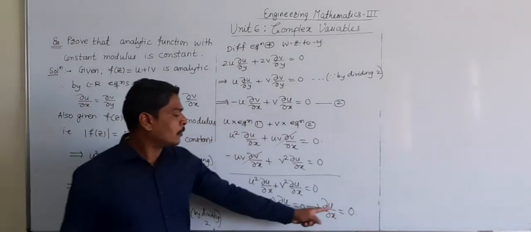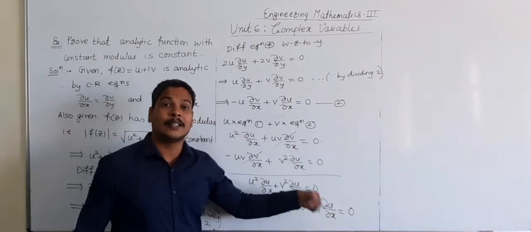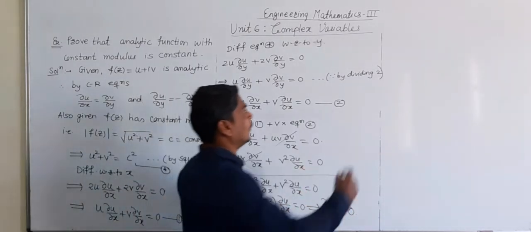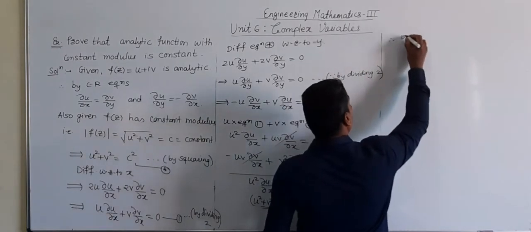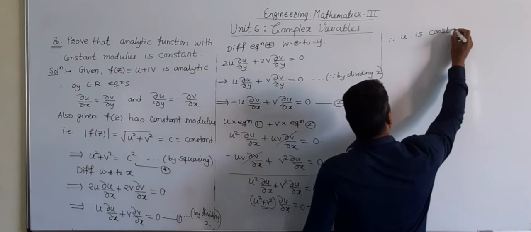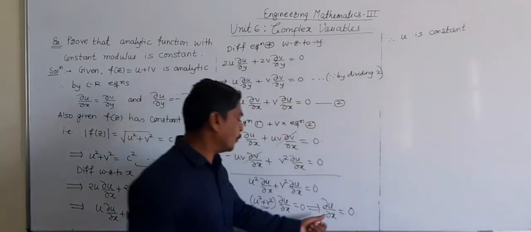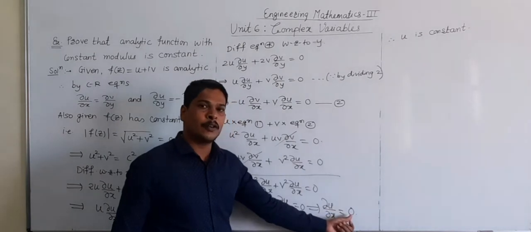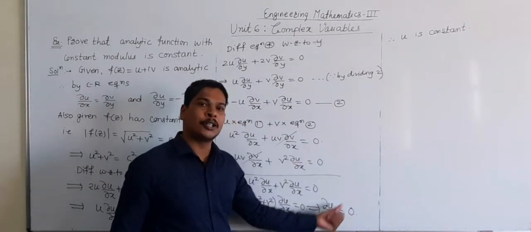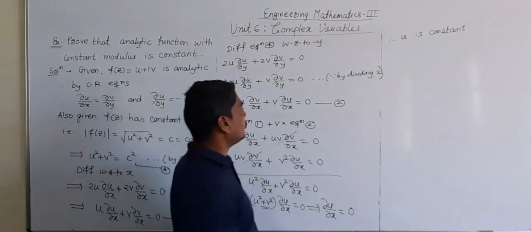When a given function has derivative 0, that function is a constant function, and therefore u is constant, right? Because the derivative of u is 0. Derivative is 0 only when our function is a constant function. So that's why u is a constant function.